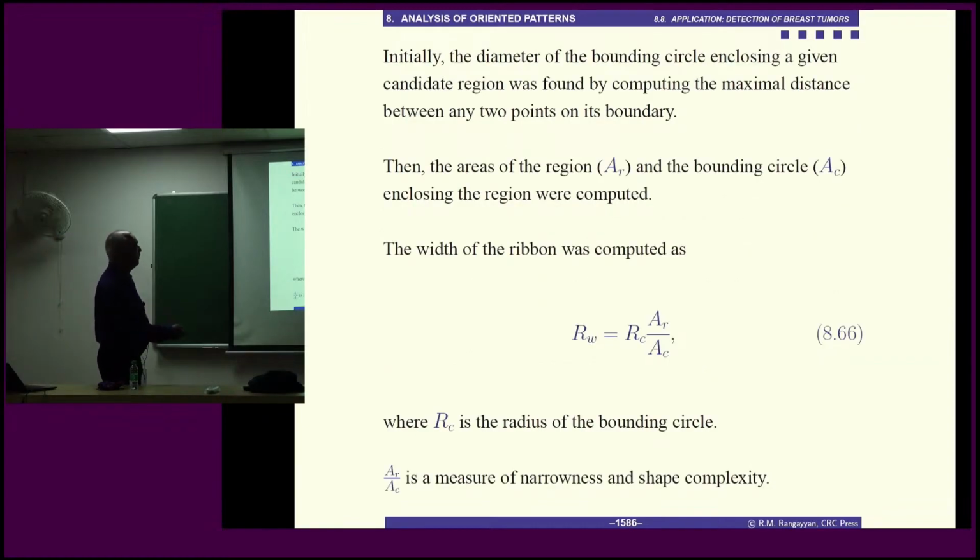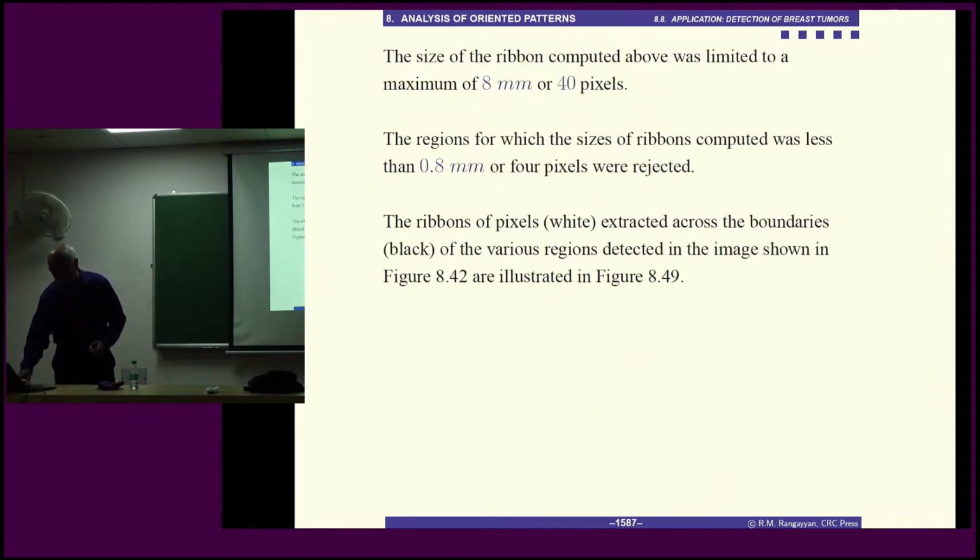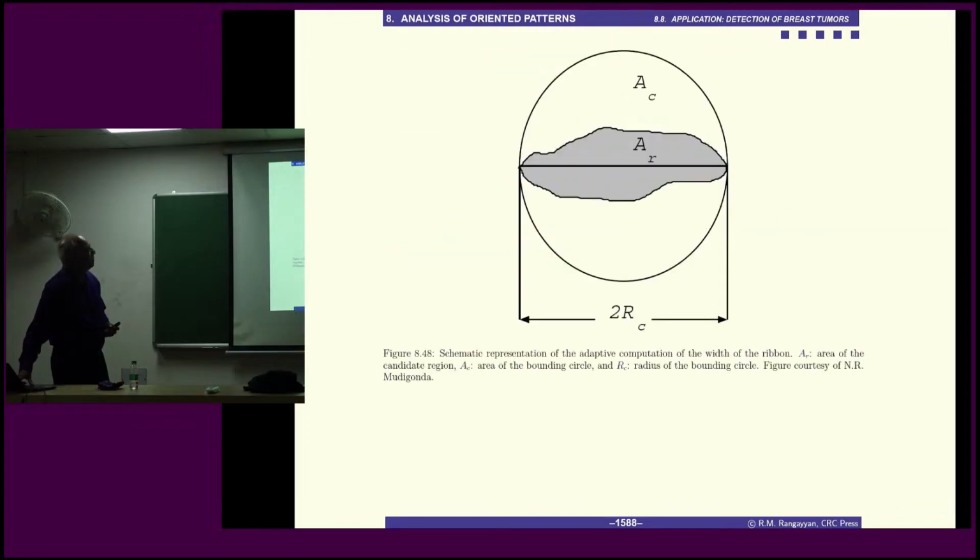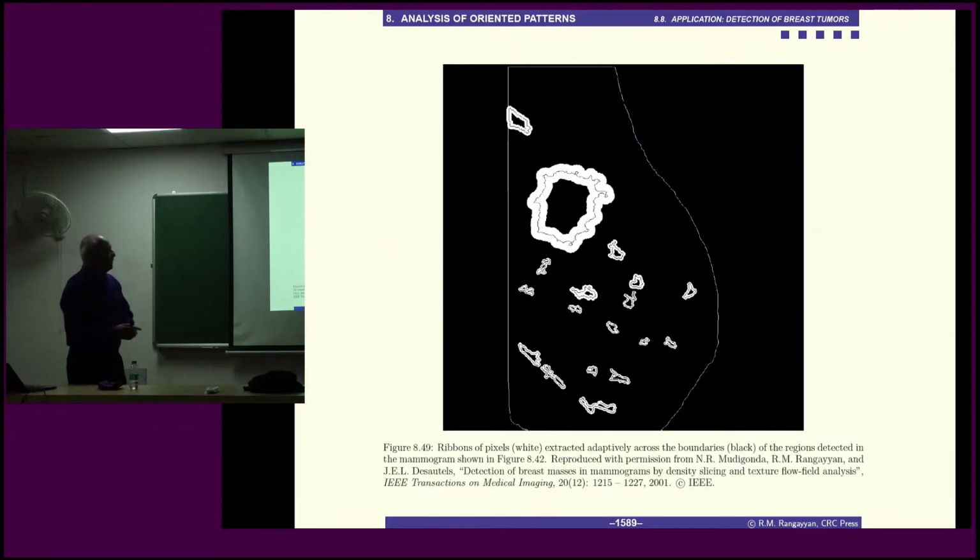The width of the ribbon was defined in proportion to the area of the region and the area of a circle containing the region, weighted by RC, the radius of the bounding circle. The ribbon size was about 8 millimeters or 40 pixels. So these are the ribbons to compute texture and other features, including false positives.